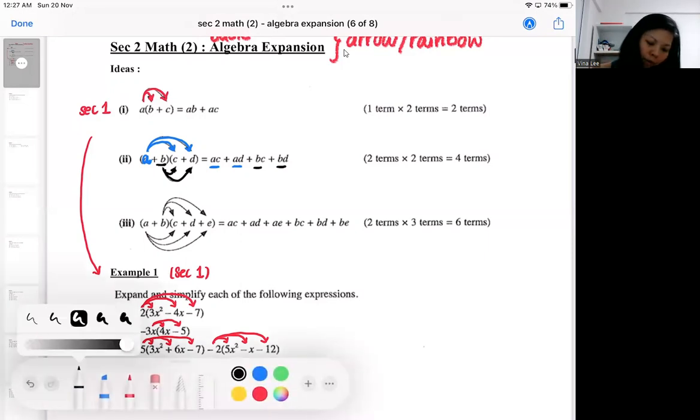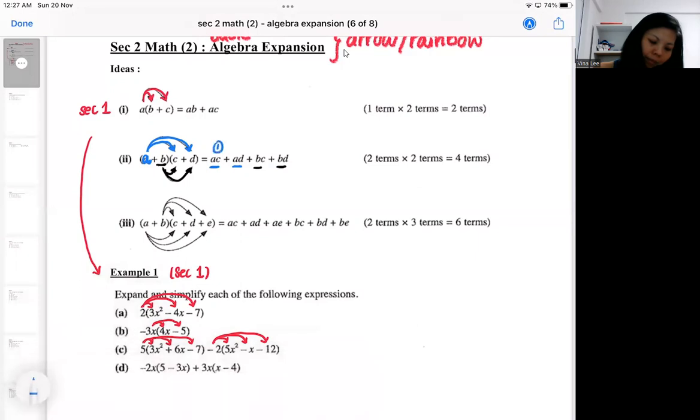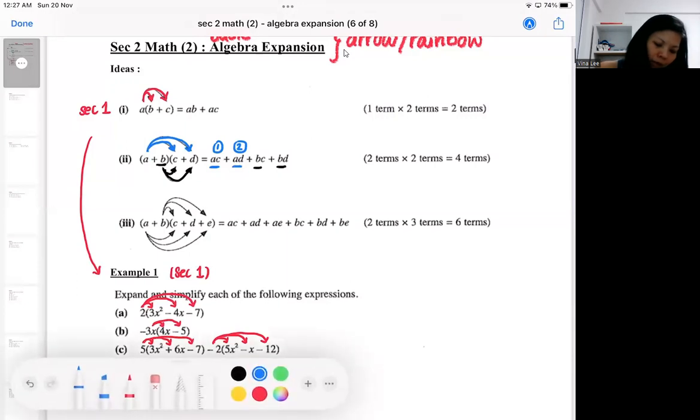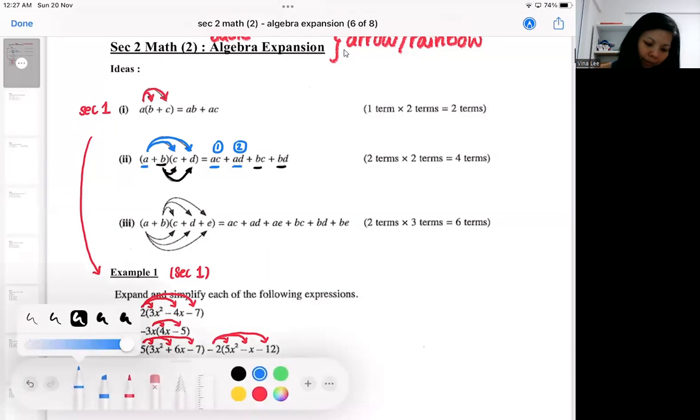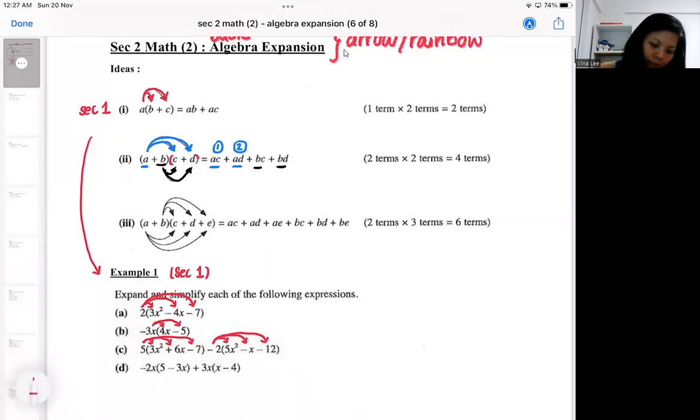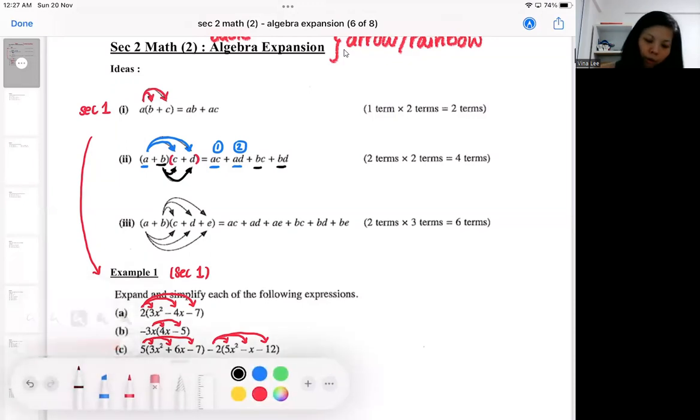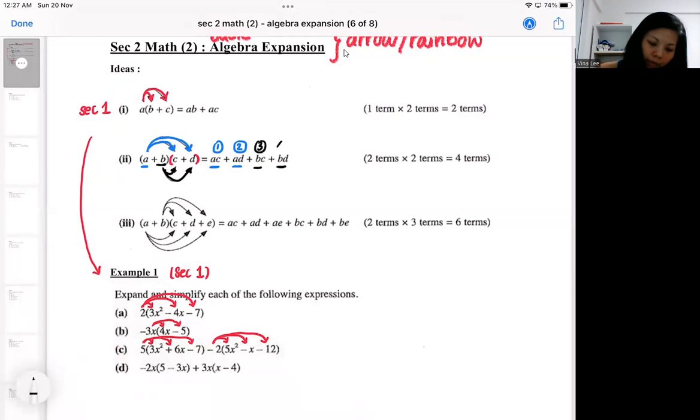The first 2 terms come from the first guy, and the second guy contributes the third and fourth terms. Then from there, you're supposed to simplify.